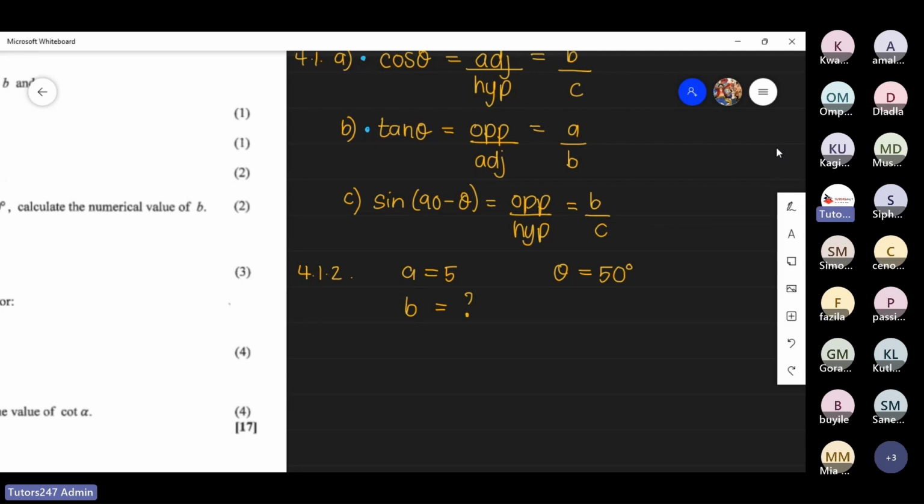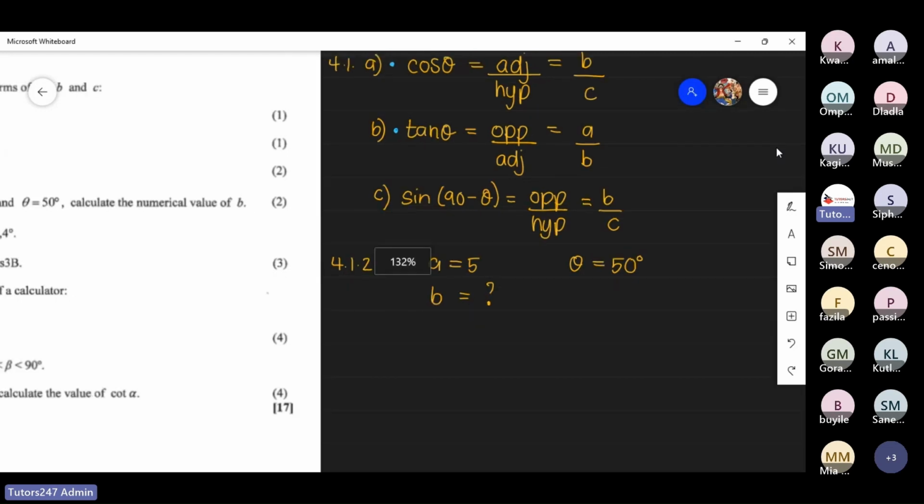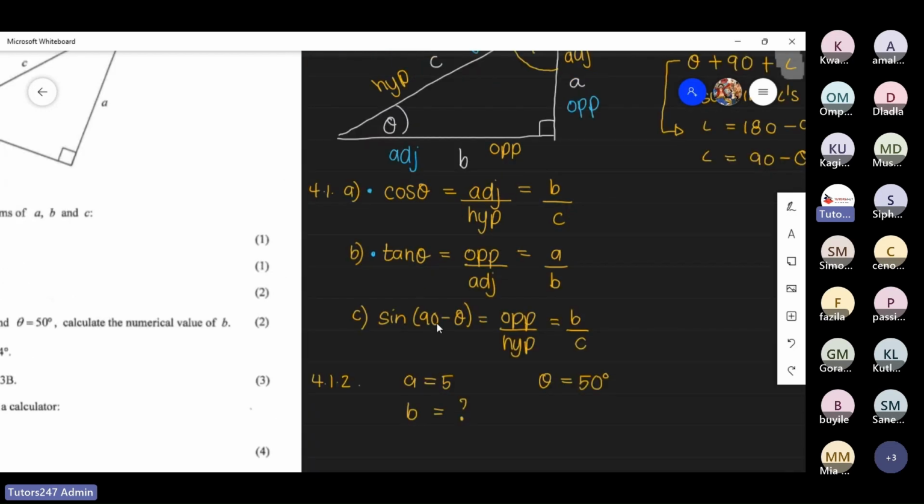So let us look at our identities, right? We have cos theta, we have tan theta, and we have sine of 90 minus theta. Out of those three, which can we use to find B? The first step is to identify which of the three has B in it.